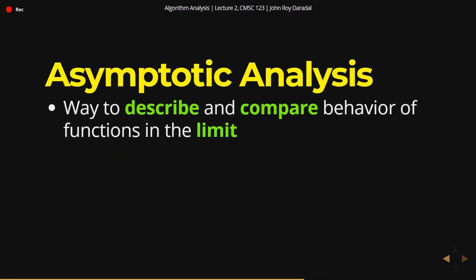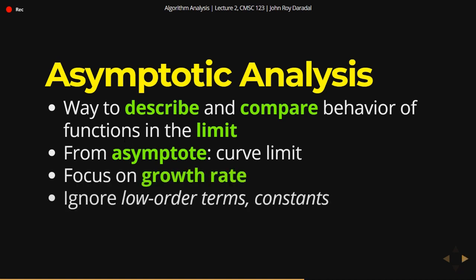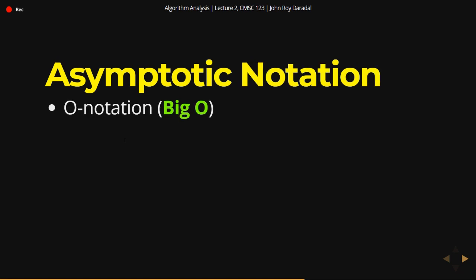Okay. So asymptotic analysis is a way to describe and compare behavior of functions in the limit. This is from asymptote, which means a curve limit, right, in your calculus. And it allows us to focus only on the growth rate, and we ignore low order terms and constants. So just like what we did with big O, right? We ignored the unnecessary details.